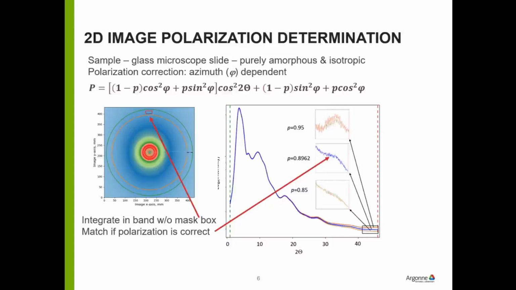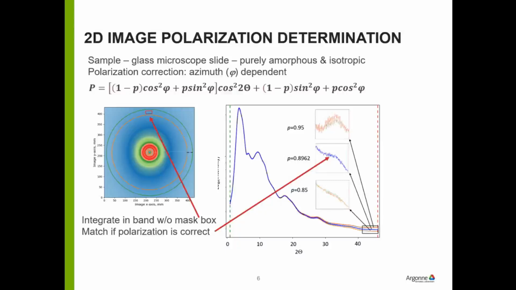So this is the function for the polarization correction. And you notice that it depends not only on 2 theta, but also on the azimuth. And from this, the maximum correction is at an azimuth of 90 degrees. So what we do is we create a small mask there, which is either used or not used in the integration.